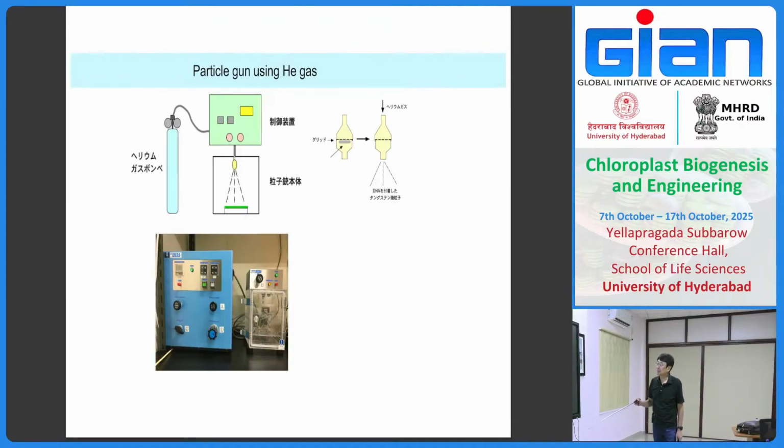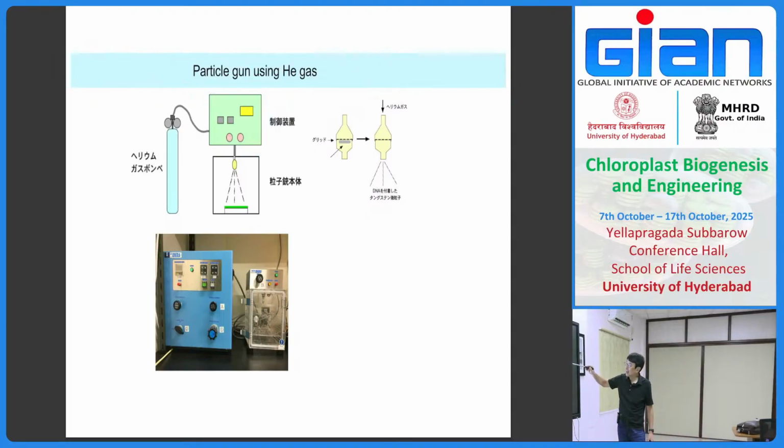So this is the particle gun we are using, and this is a controller, and this is a chamber. We make the inside of the chamber a vacuum. Then the particles are shot using the power of helium gas, a very short helium gas pulse.